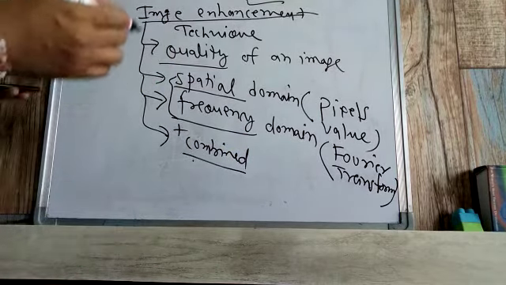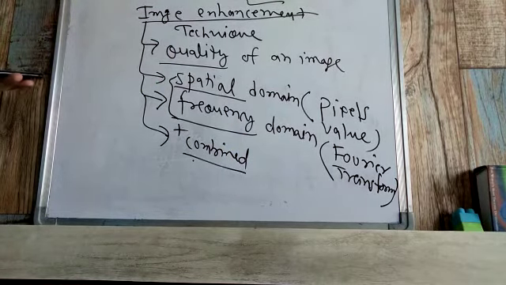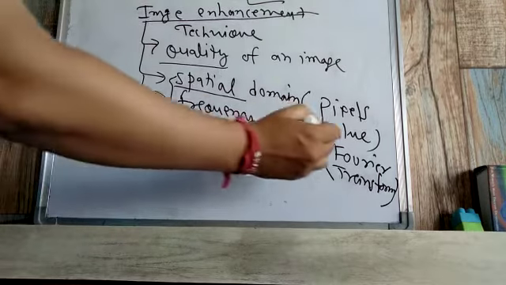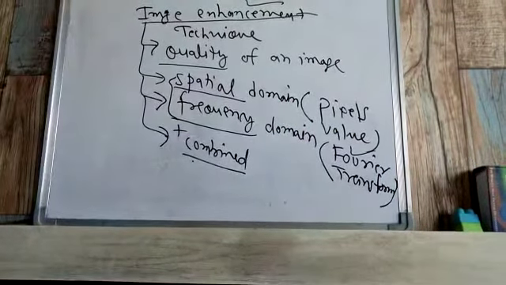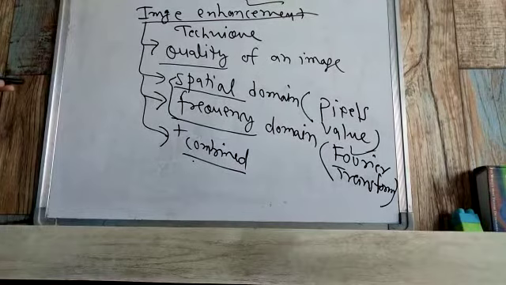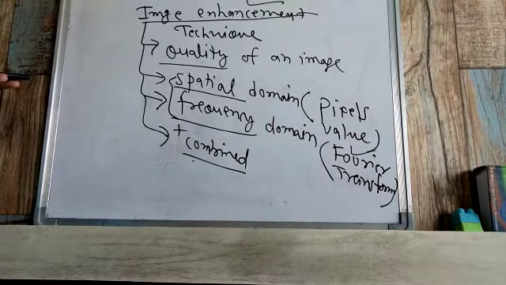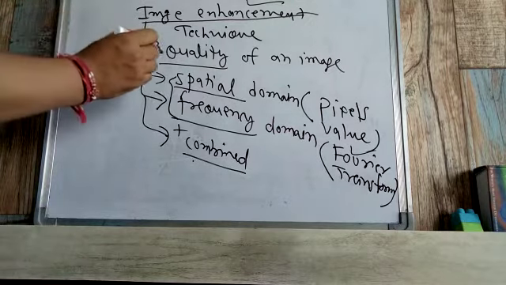We apply manipulation on pixel values also, and at the same time we try to operate over the Fourier transform of an image also.